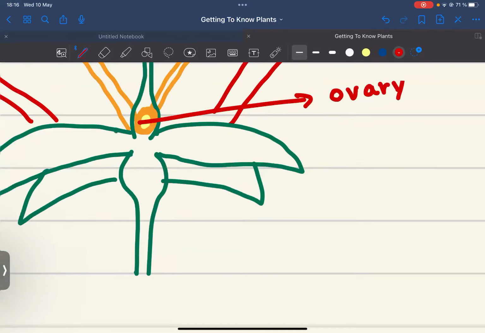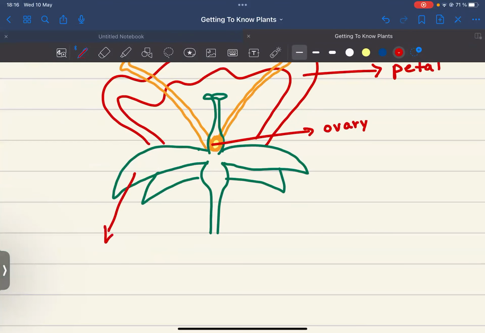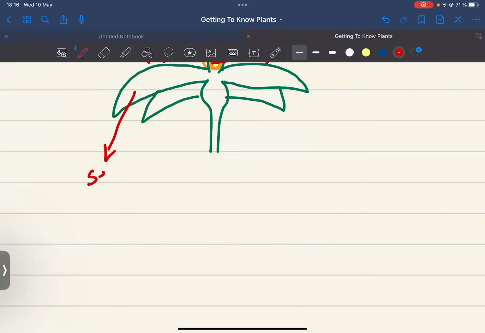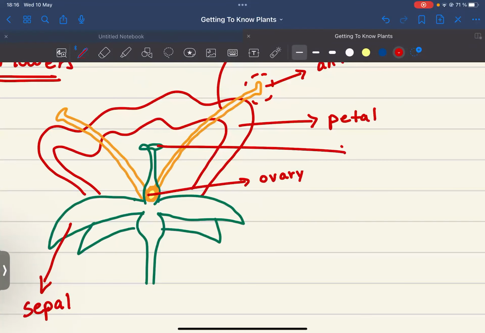And the leaf portion that is below the flower is called the sepal. This center portion over here is called the stigma, and just below the stigma you have the style.